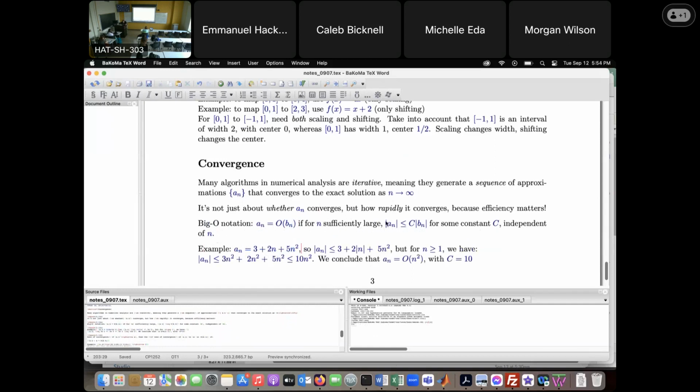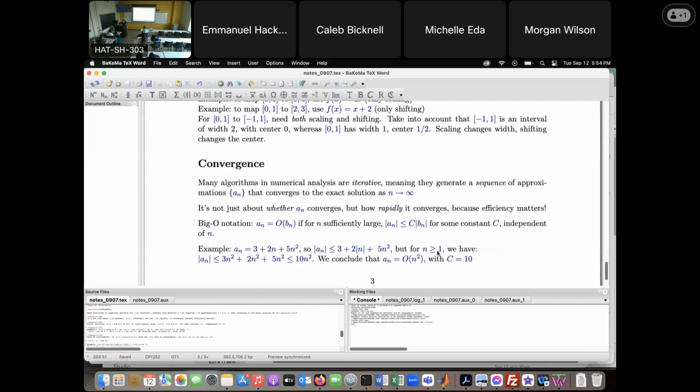Now, I only need this relationship to hold for the index n sufficiently large. Now, if I take the absolute value of this, then I have this relationship because the first and last term are always positive, and then the absolute value of this term.